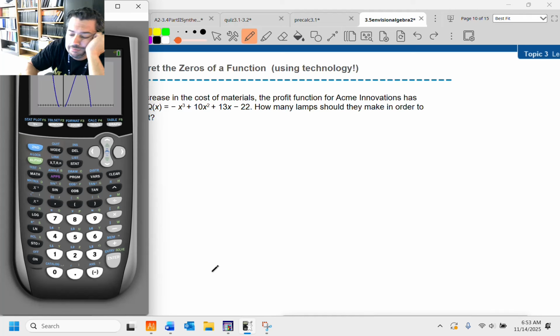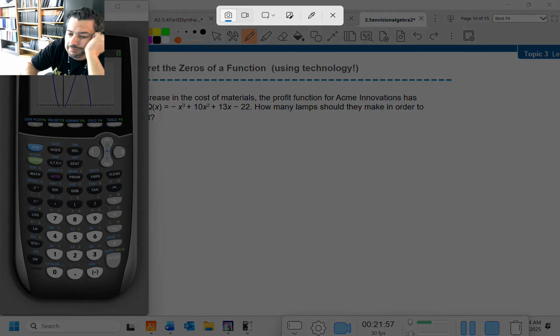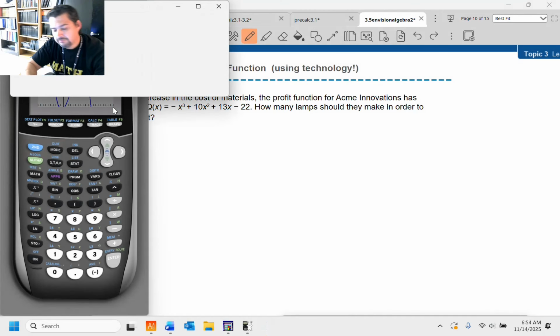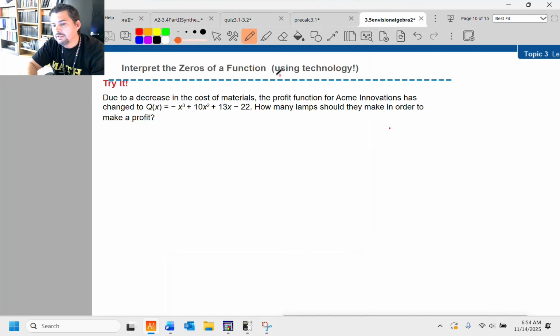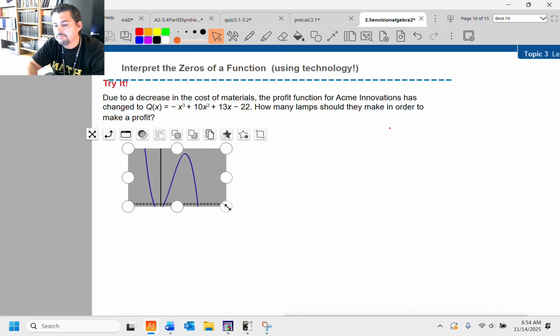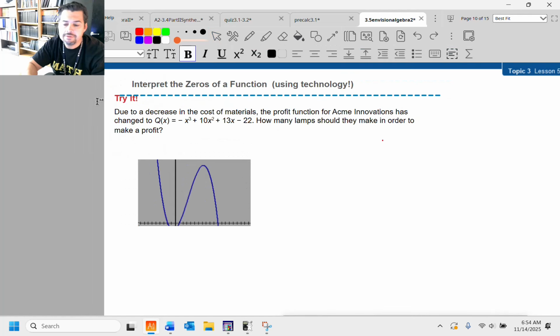There we go. That is the graph I was looking for. You should probably do a rough sketch. But anyways, let's see here.